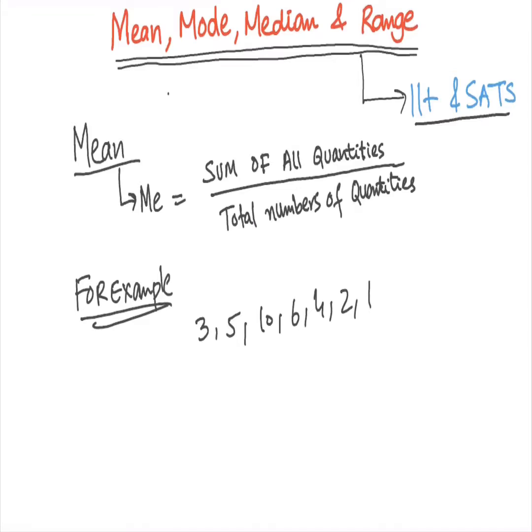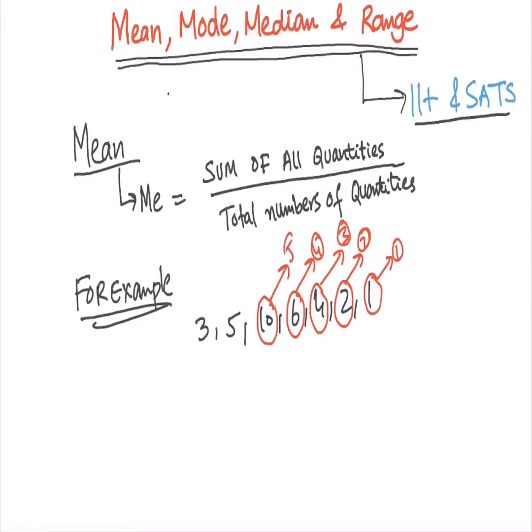So we can see here, how many numbers do we have? We have 1, 2, 3, 4, 5, 6, and 7.